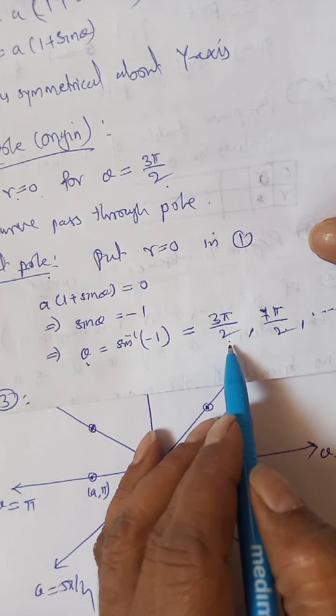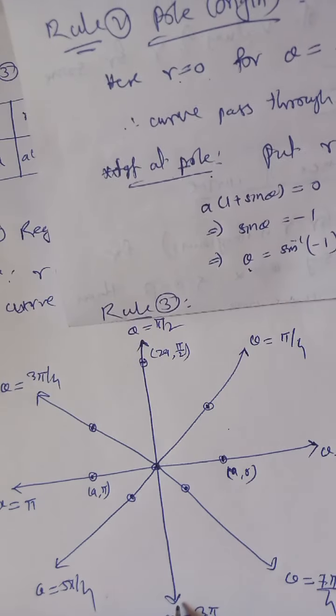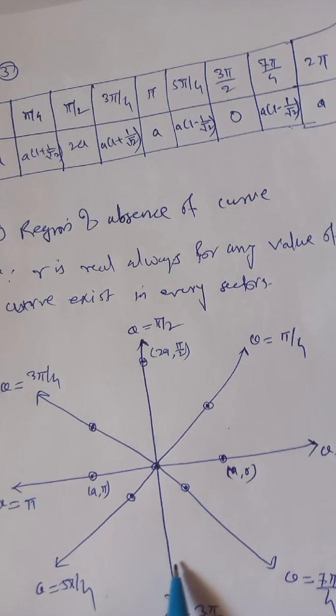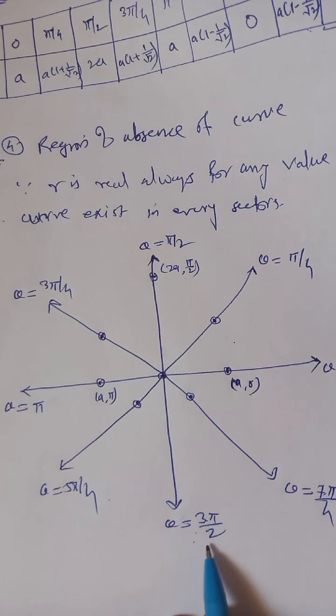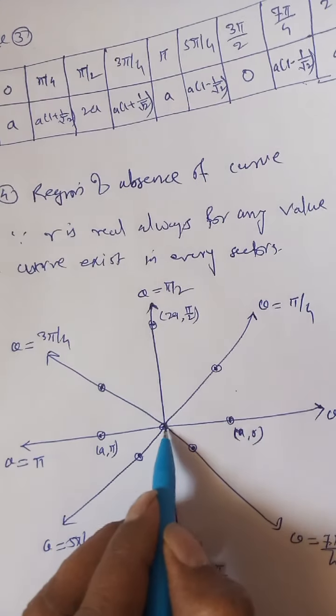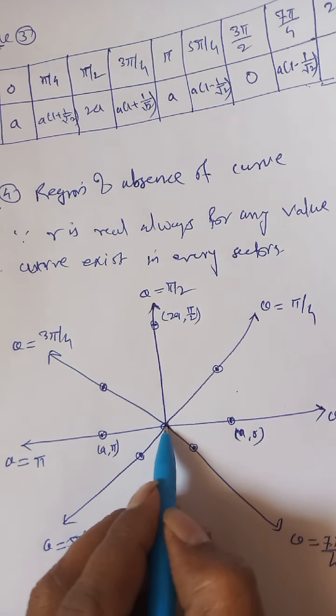So what's 7 pi by 2? 7 pi by 2 represents again the same line, 3 pi by 2. If you rotate it through 2 pi in anti-clockwise direction, you'll get the same line, 3 pi by 2. So this line is represented by 3 pi by 2, 7 pi by 2, 11 pi by 2 and so on. Right? So this is the only line which is tangent to the pole.